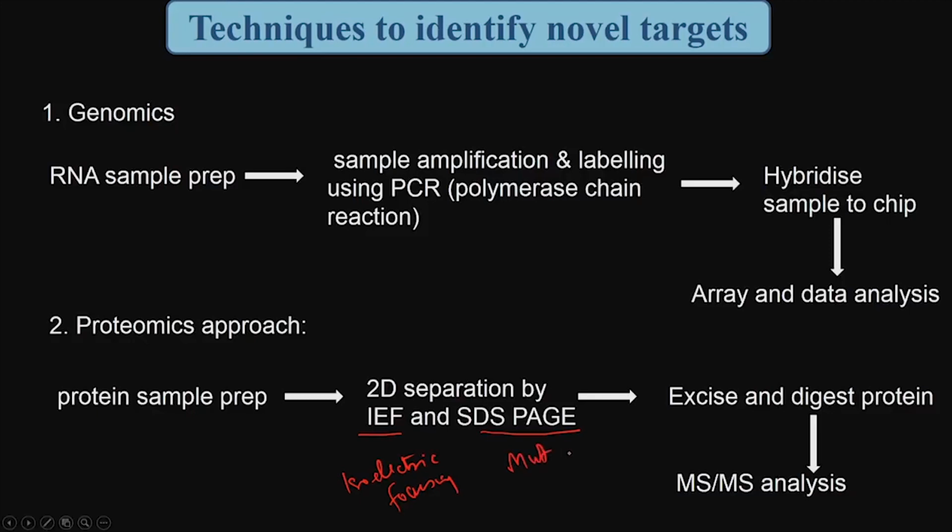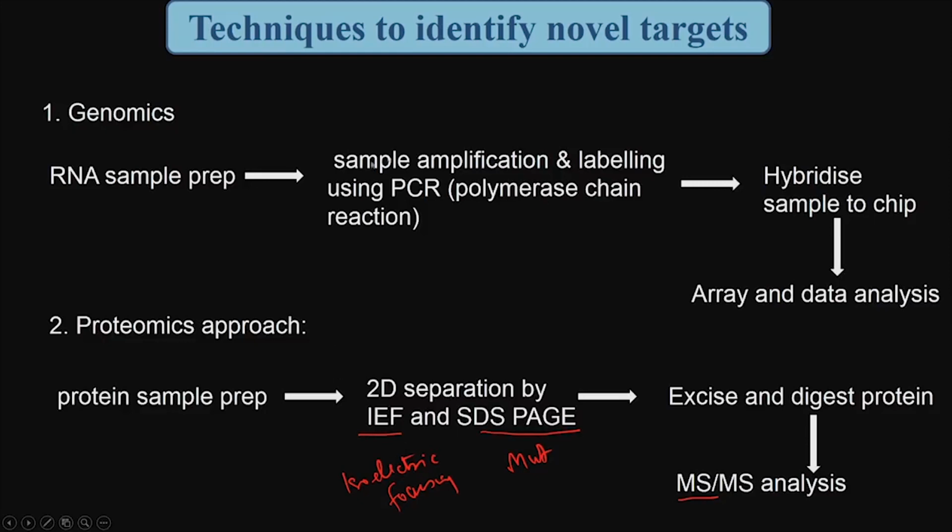So, the protein mixture is separated based on the isoelectric pH as well as the molecular weight. Then take that particular protein and perform mass spectrometer analysis, to try to identify the protein molecular weight and protein sequence. That is called the proteomics approach.